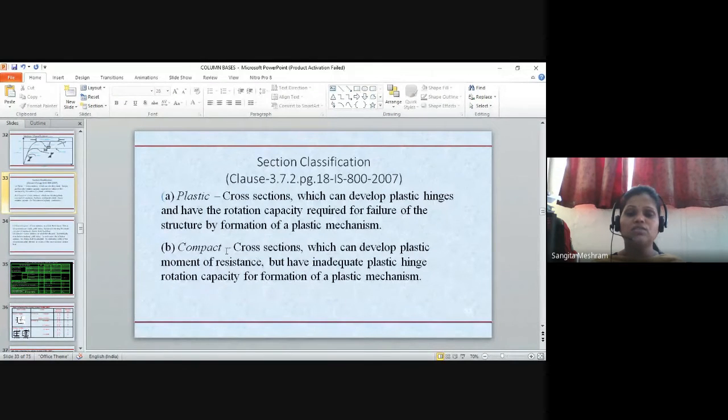So a compact section will have the plastic moment of resistance but is not adequate to develop the plastic hinge rotation capacity. This type of section is called a compact section.